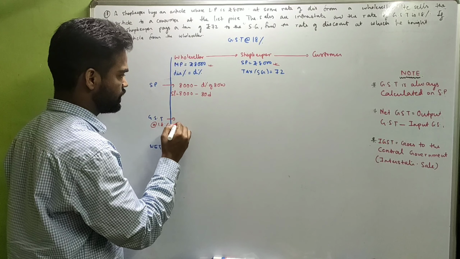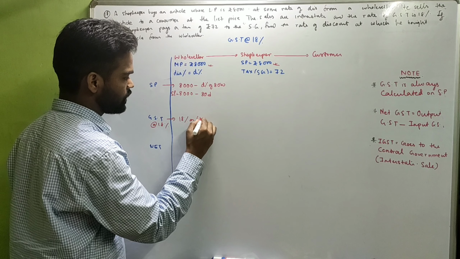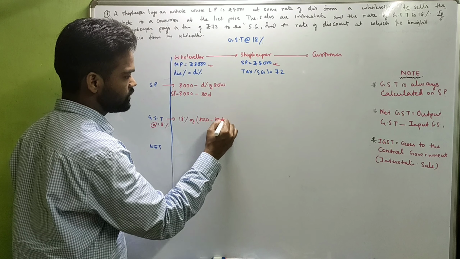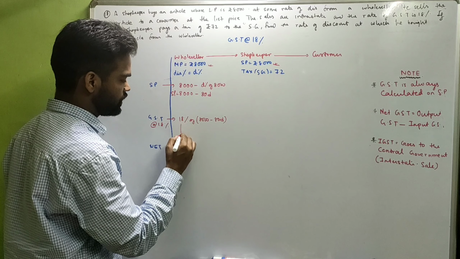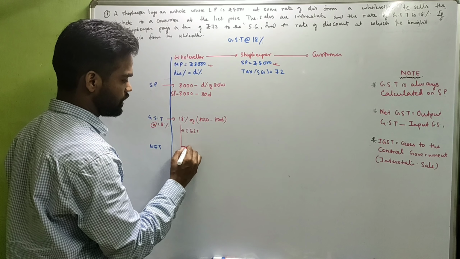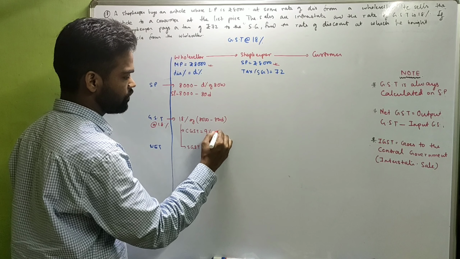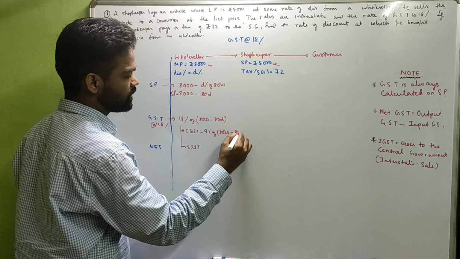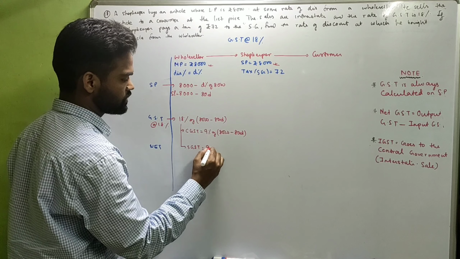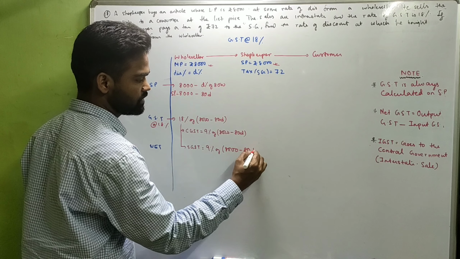Now look carefully. Selling price will be mark price minus discount, that is D% of mark price, which is 8,000, and this will be D by 100, so this will be 80D. This is your SP. Done. So GST will be 18% of 8,000 minus 80D, which will be divided into two parts, CGST and SGST. CGST is how much? 9% of 8,000 minus 80D, and SGST again 9% of 8,000 minus 80D.